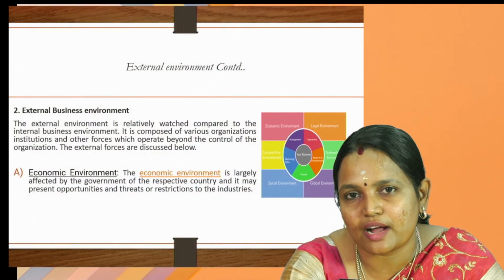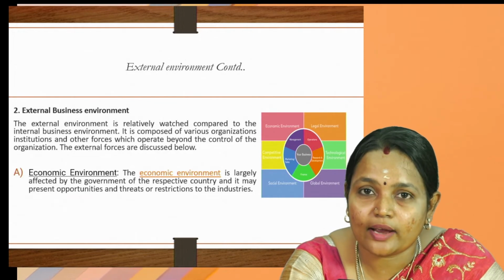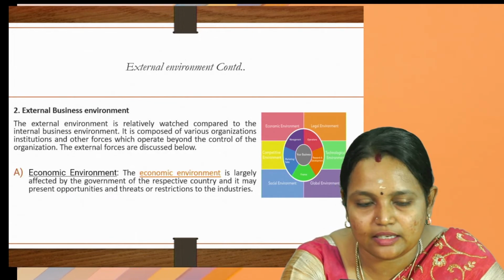As I said, these have both positive and negative impact. Sometimes the forces work favorably for the company, sometimes unfavorably. So let's have a glance at those external uncontrollable factors that play a very vital role in shaping a business entity.